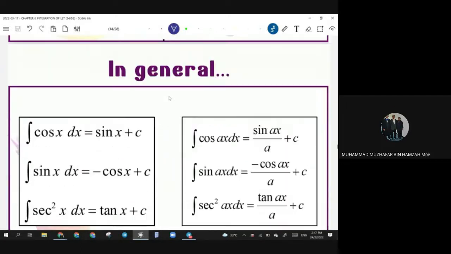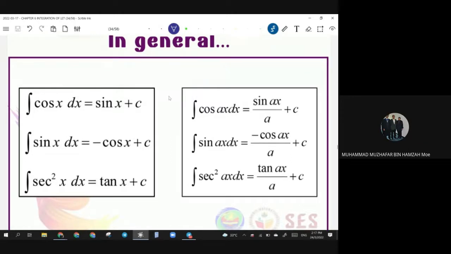In general, suppose we want to integrate cos x, the answer is sin x plus c. When we want to integrate sin x, the answer should be negative cos x plus c.